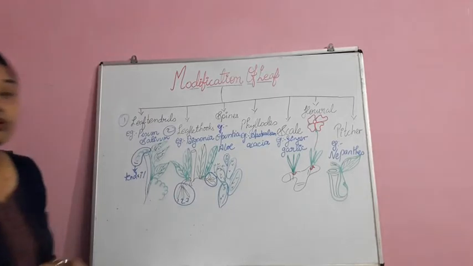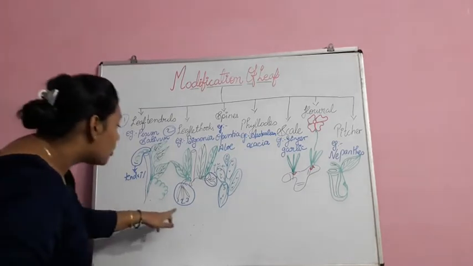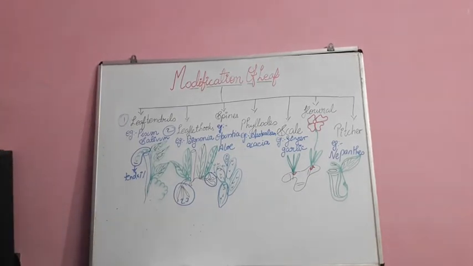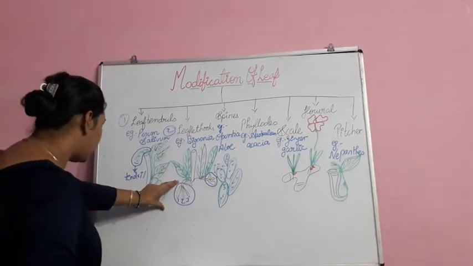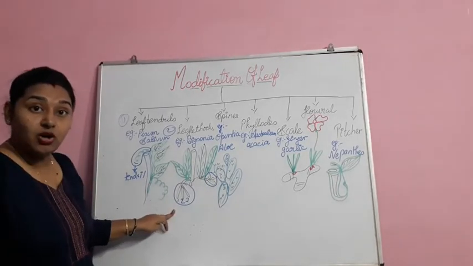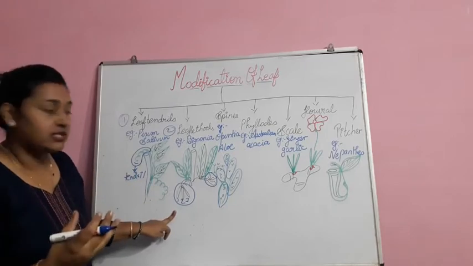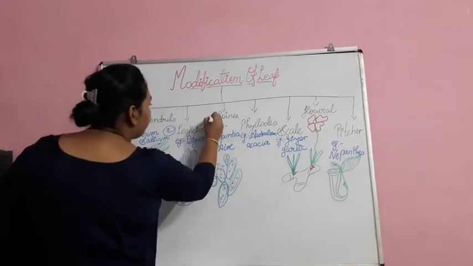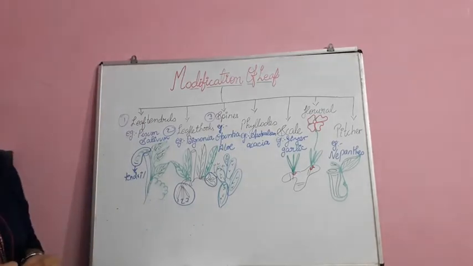You can also say that these are claw structures, modified for the protection of the plants and to help them climb on the surface or on the stimulus they are receiving.